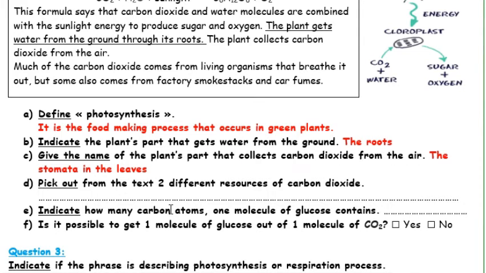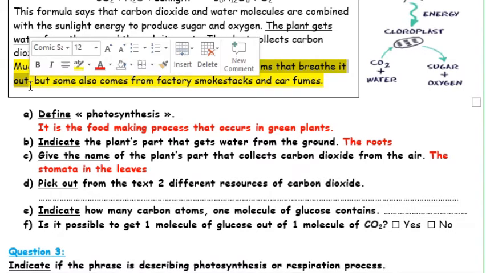Where does carbon dioxide come from? We will find the answer of this question in these sentences. Carbon dioxide comes first from living organisms that breathe it out. When we as people breathe, we take in oxygen and we breathe out carbon dioxide.